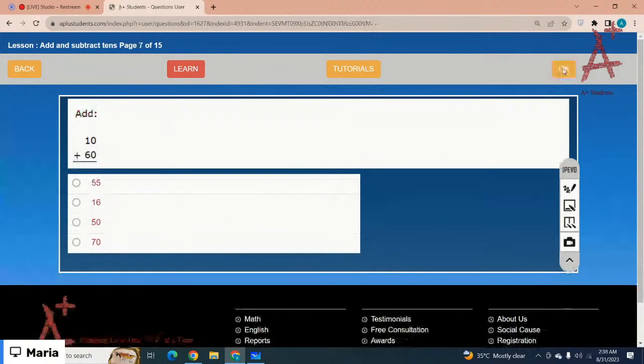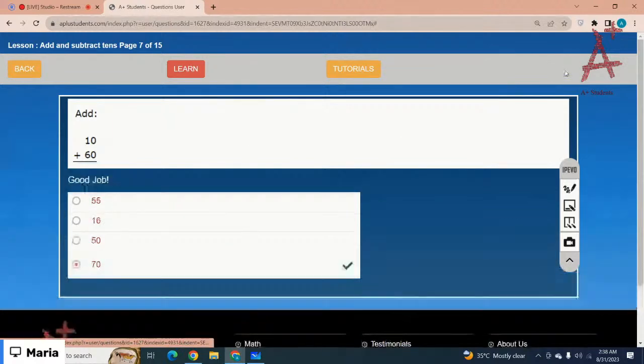So which is the correct option? 0 plus 0 is 0 and 6 plus 1 is 7. So the correct option is 70. 10 plus 60 equals 70.